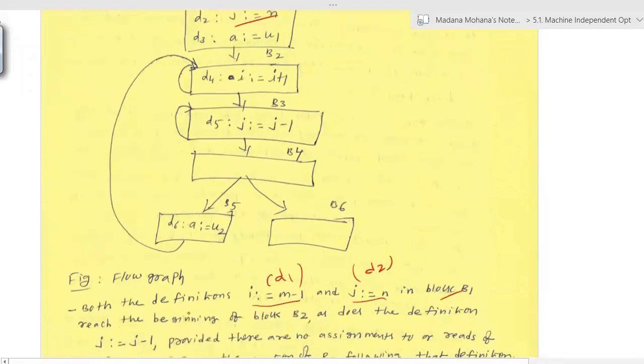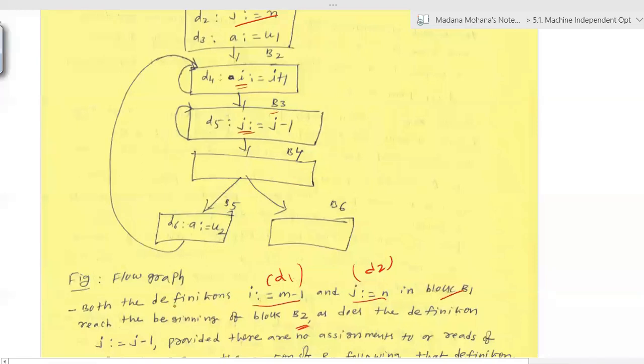These reach the beginning of block B2. Here you can see in B2, starting here, i is used. Then in the subsequent block B3, at the beginning, j is used.